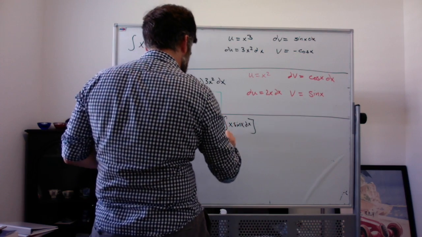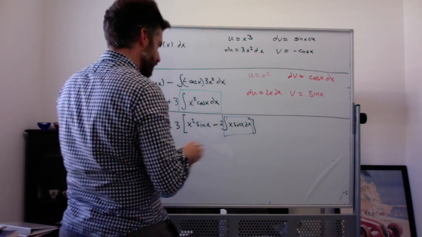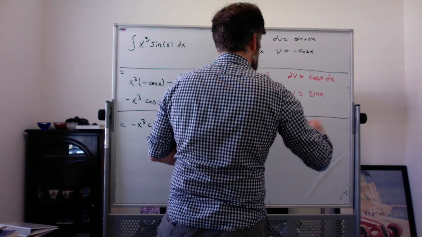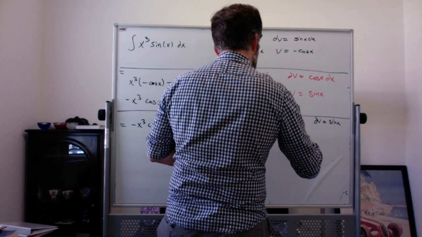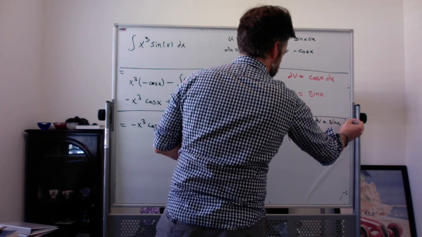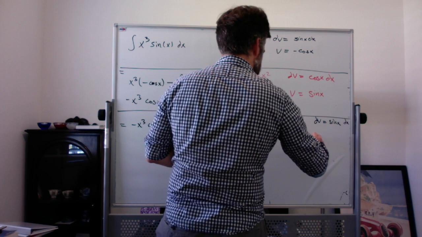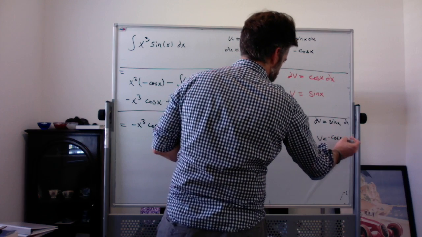Okay, now for this integral here, it's getting a little crazy. For this integral, I'm again going to do a new integration by parts. I'm going to let u equal x, dv is the rest, which is sine of x dx. Don't forget the dx, that's important. du is equal to 1 dx, and v is the antiderivative of sine, which is negative cosine of x.